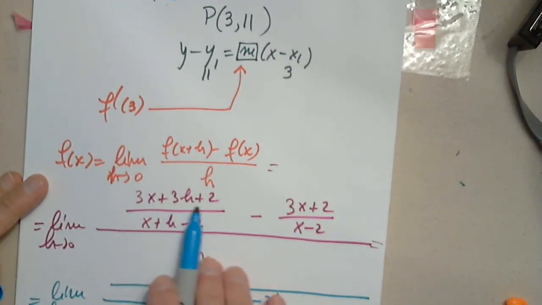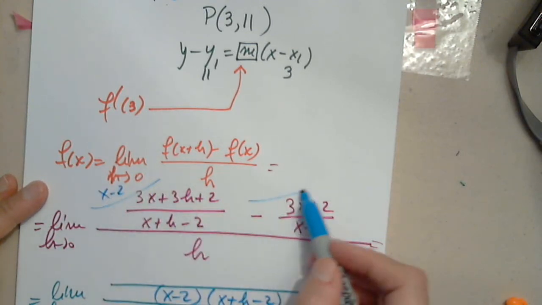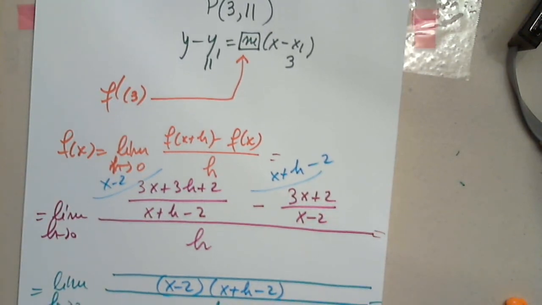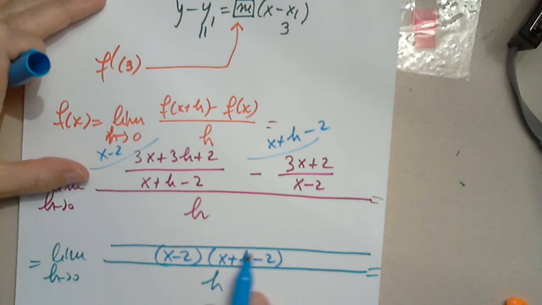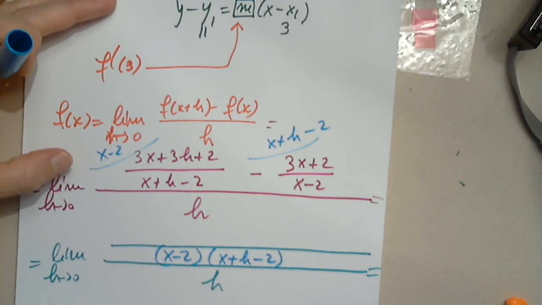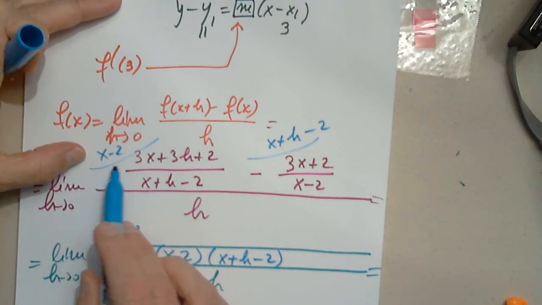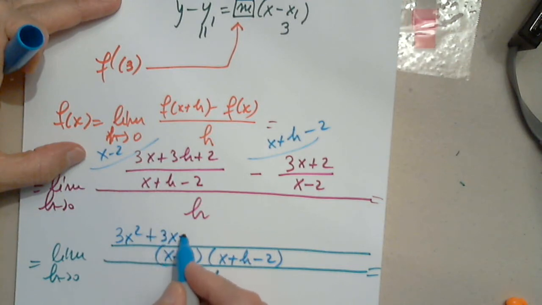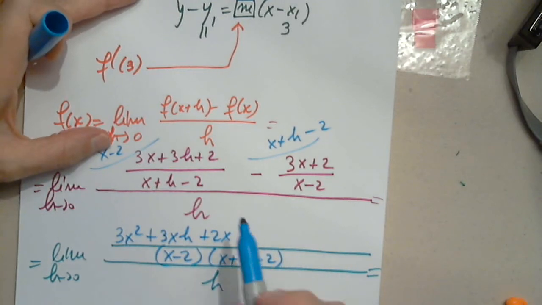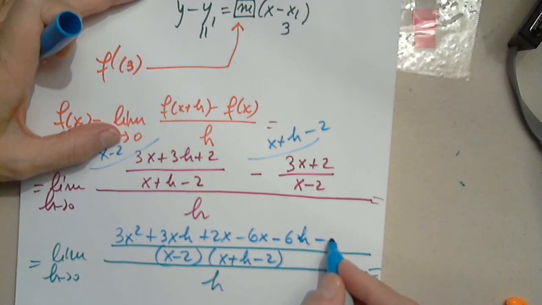But now, remember, we cannot copy the numerators. We have to multiply the top of the first one by x minus 2 and the top of the second one by x plus h minus 2. And I'm expecting all terms without h to go away. Maybe some terms with h, but I don't care. I care about those terms without h. So x times 3x, 3x squared, x times 3h, 3xh, x times 2, 2x. Negative 6x, negative 6h, and minus 4.